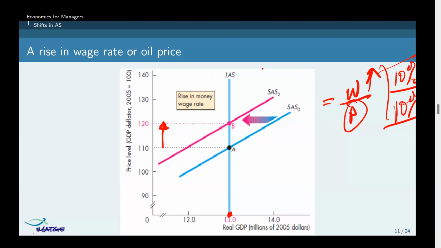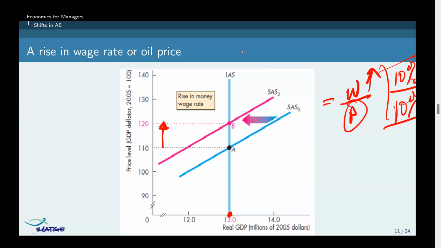So you showed us now how the SAS moves, but you haven't shown us yet how the LAS moves because of the SAS. May you please explain to us how the long run curve moves? That's what I'm waiting to see as well.